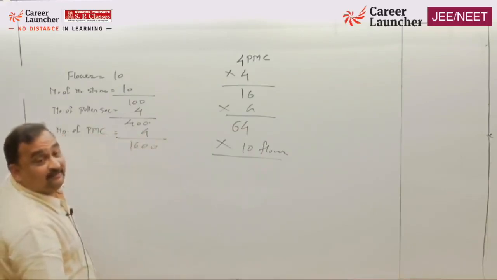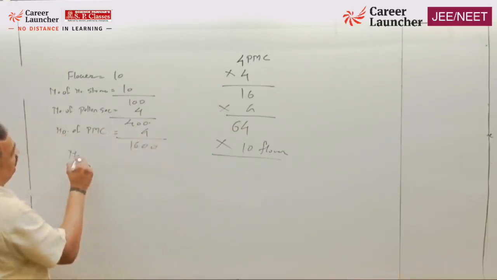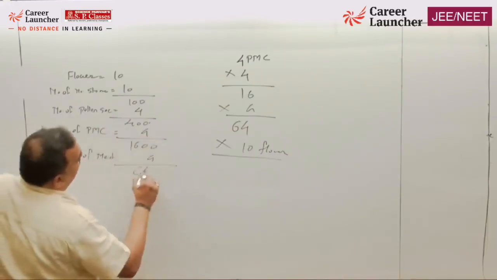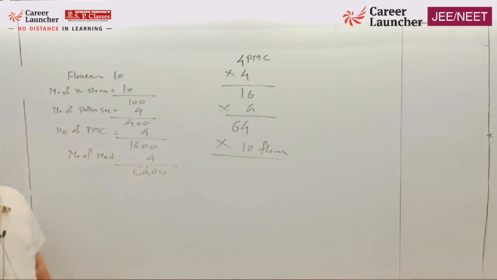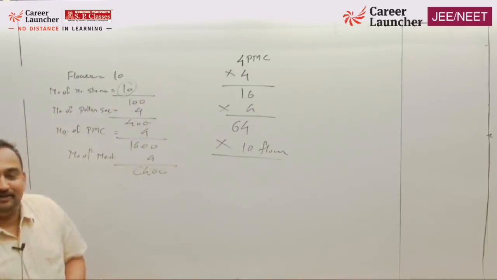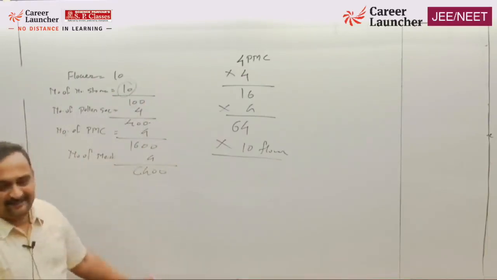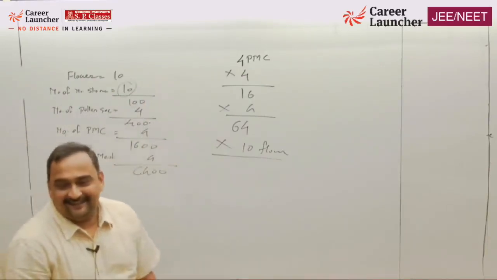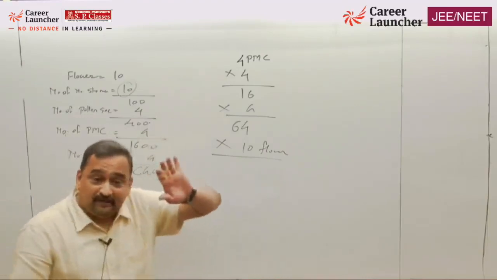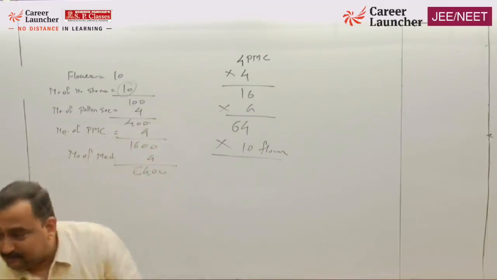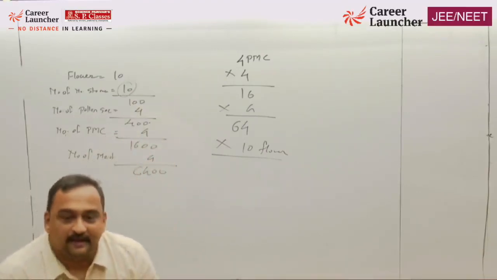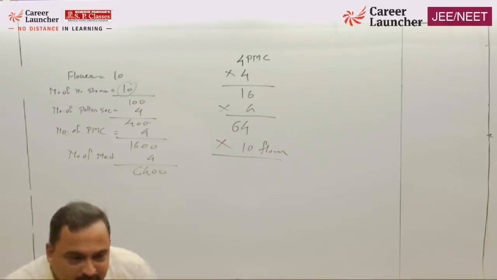And then the number of meiotic divisions is 4, so that gives 6400. So the missing part was the number of stamens. You missed the figure by just a zero. So you should remember everything. You should remember the examples also, because it's a famous example, dithecous anther. Clear? I hope you understood this.